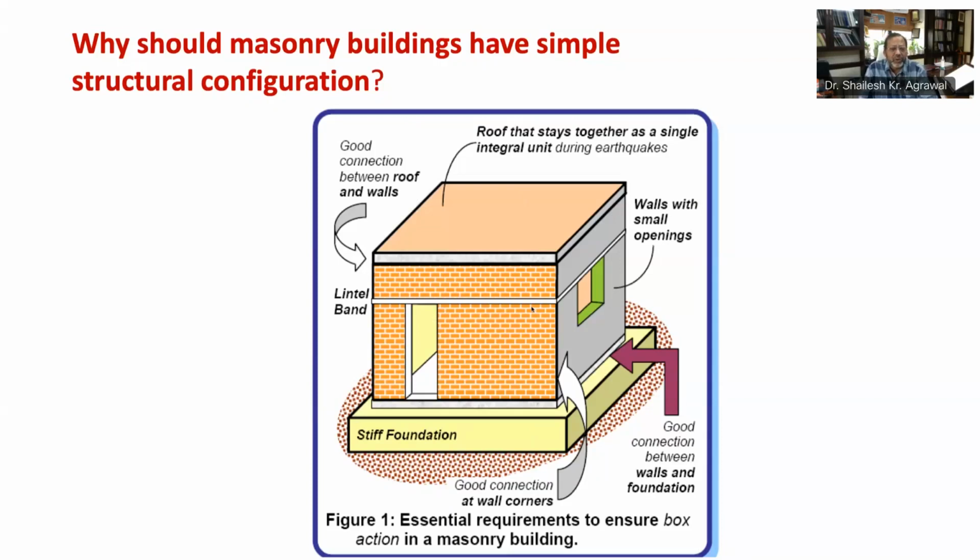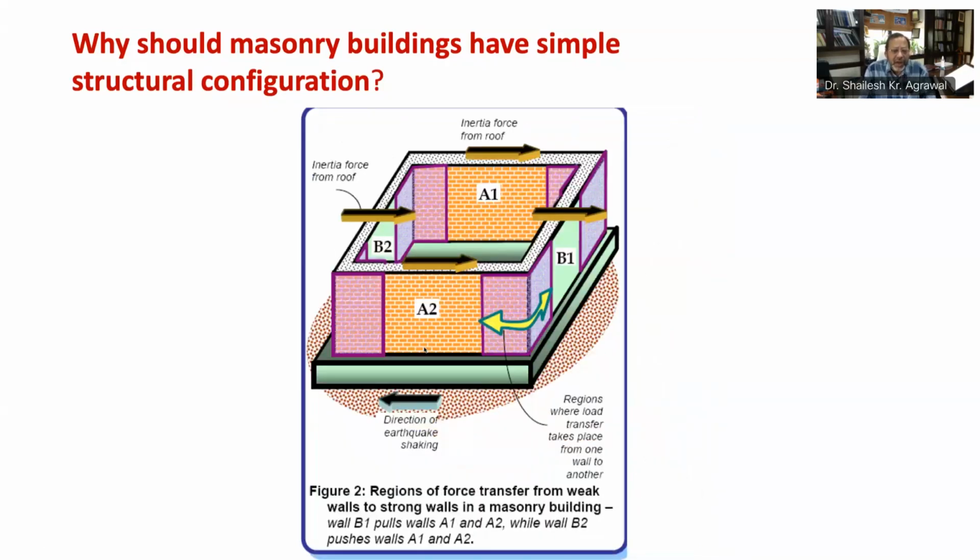So it's called box-like action. Openings are also functional necessities in buildings. However, their location and size assume significance in deciding the performance of masonry buildings in earthquakes. Let's understand this through this figure. During earthquake shaking, earthquake forces act in the strong direction of some walls and in the weak direction of others.